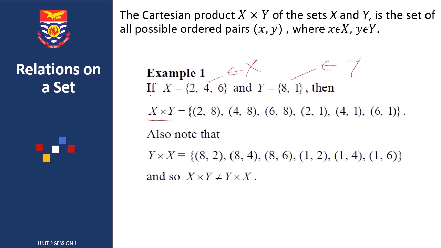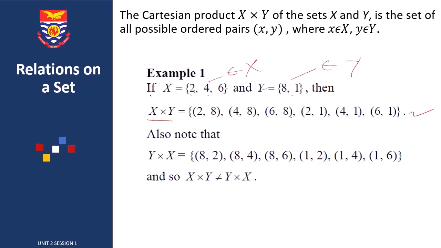So for X cross Y, you take the first x and cross it with Y, so we get (2, 8), then (4, 8), then (6, 8). Then you take again (2, 1), (4, 1), and then (6, 1) in that order. So this is the Cartesian product of X cross Y.